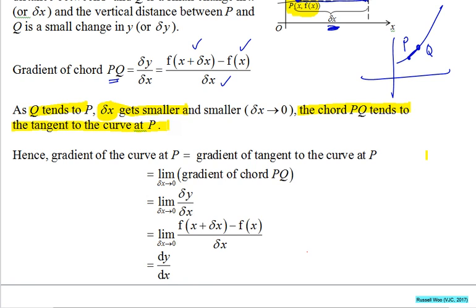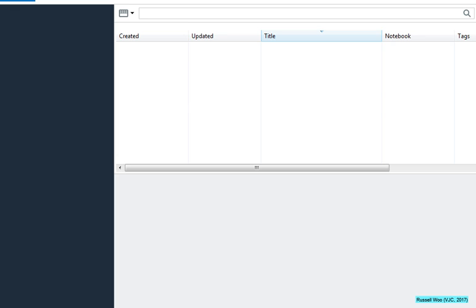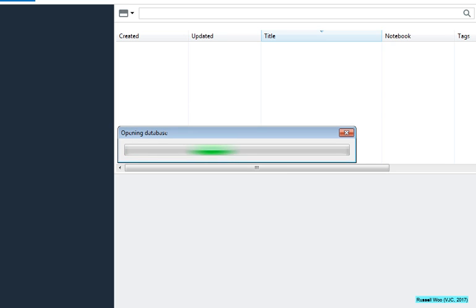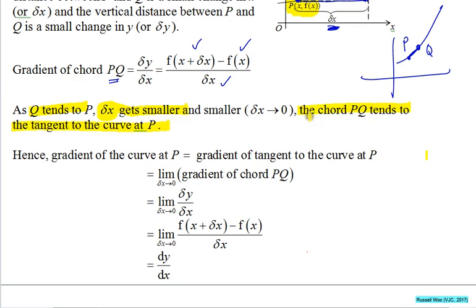So does it make sense to all of us that the gradient at P, the gradient of the curve at P, is this idea of the limit of this?